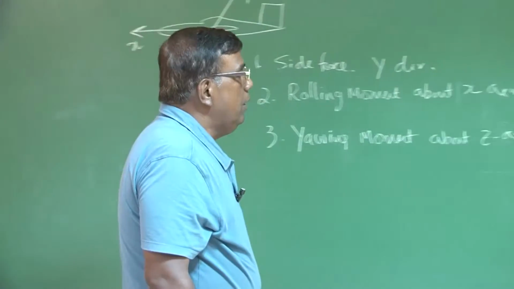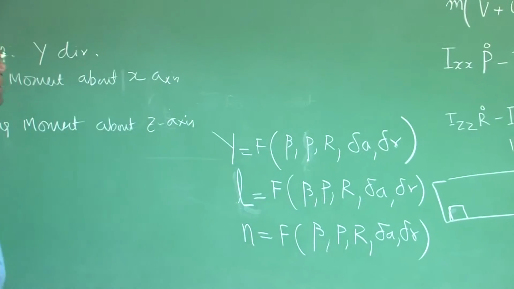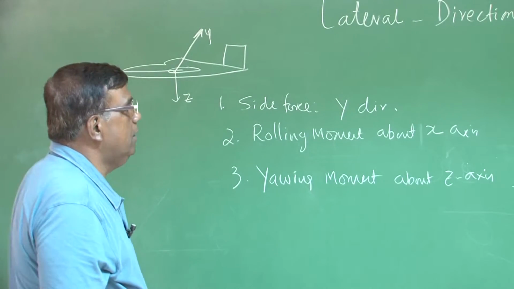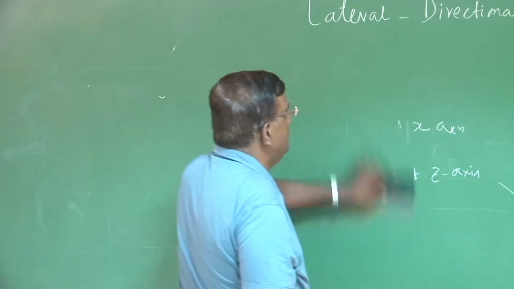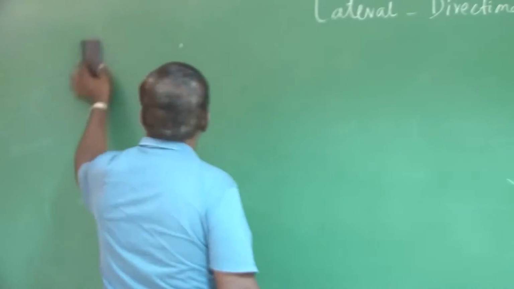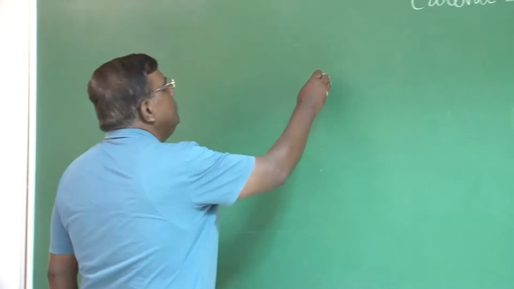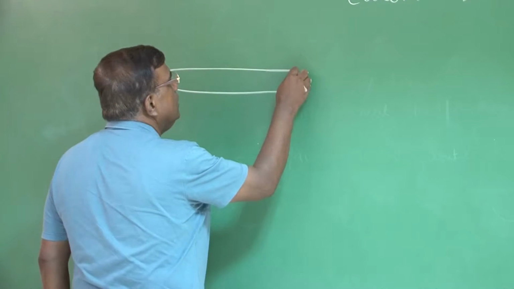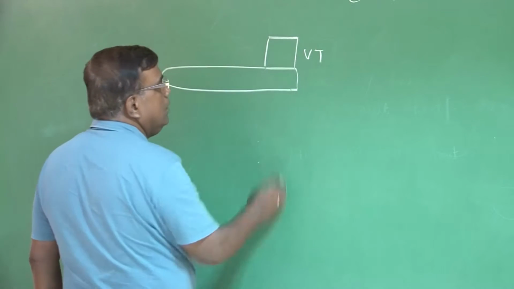Okay. So now let us first check whether side force will depend upon beta, roll rate, yaw rate or not. This is important before you go for transient analysis of the lateral and directional case. I will take a simple example. If I see this is the fuselage and this is the vertical tail, right?